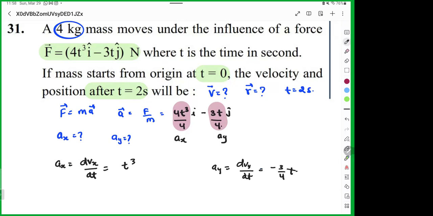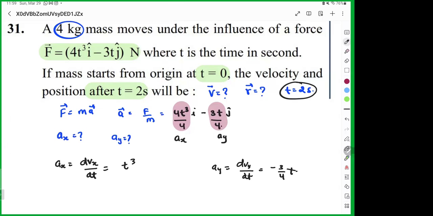Then you will do integration on both sides considering time value 2. So you will have velocity in the x-axis and velocity in the y-axis. Understood? So by using this, you can calculate velocity.